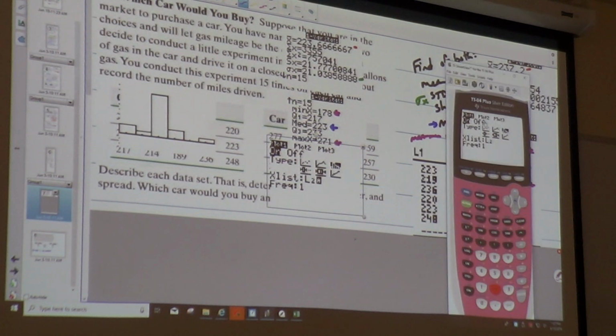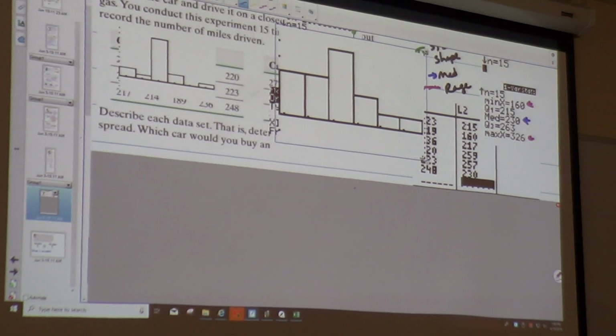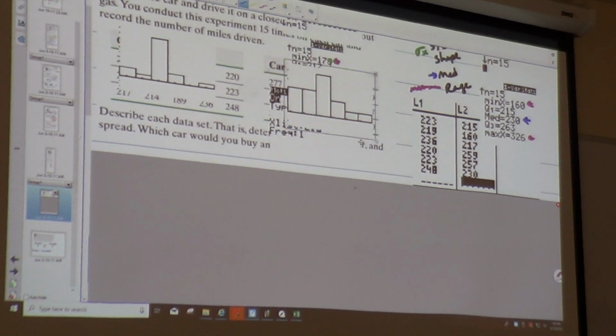So now, when I hit enter first, and now I hit zoom 9. Okay, what does that one look like? Okay, I hear right skew.